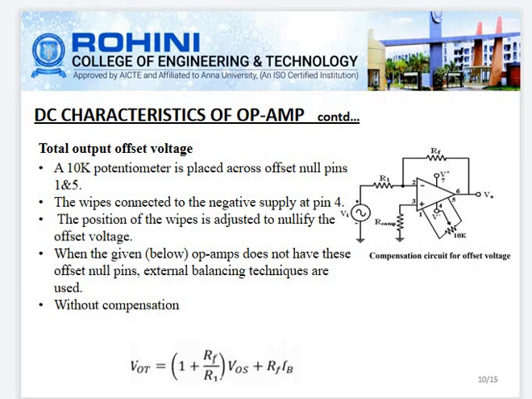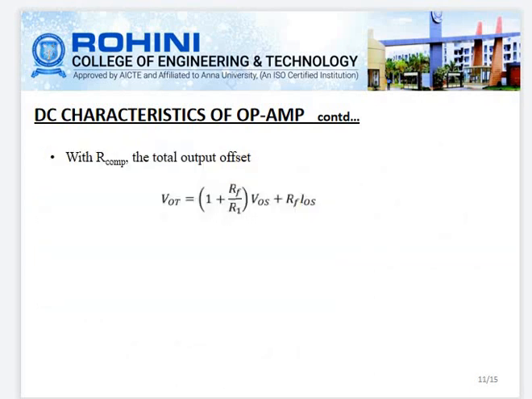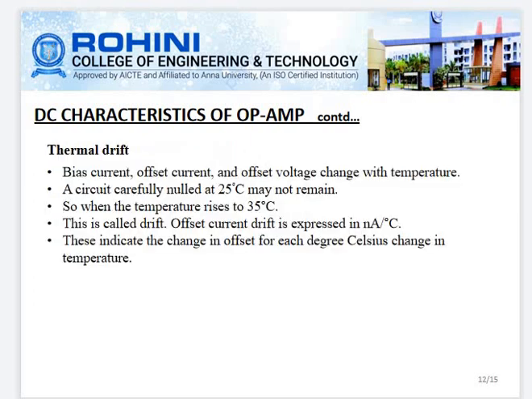Without compensation, the total output voltage VOT equal to (1 plus RF by R1) into VOS plus RF into IB. With R compensation, the total output voltage is given by VOT equal to (1 plus RF by R1) VOS plus RF into IOS.